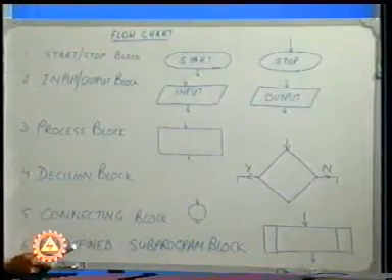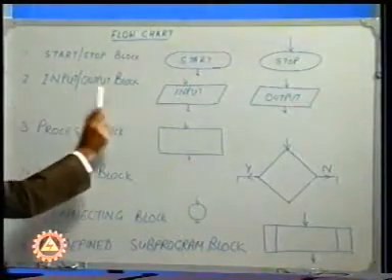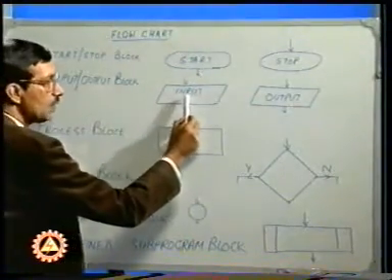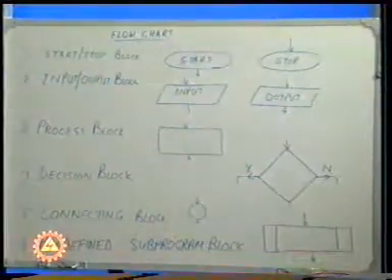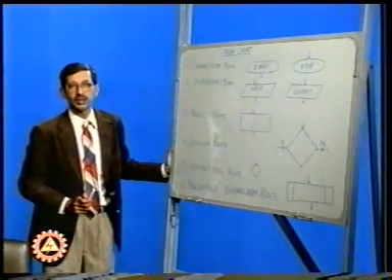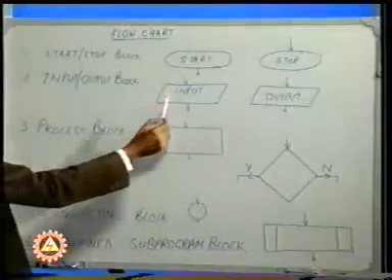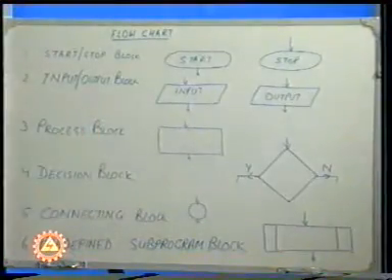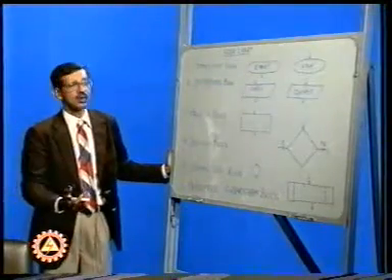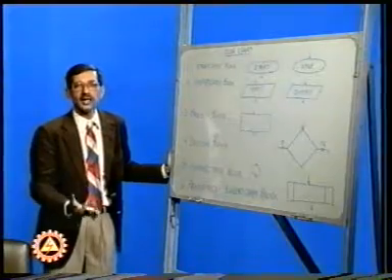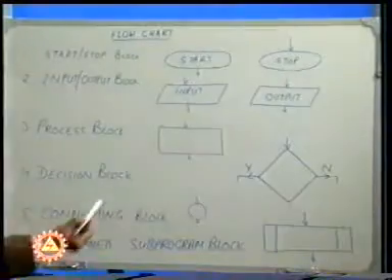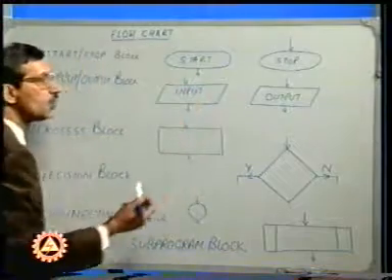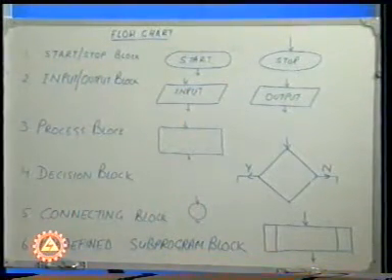Since that is the case, we must write within this block either the word input or the word output, which would define the function to be carried out by this block. The input block is the one using which we accept the data or any other thing which is required as far as the execution of the program is concerned. And the output block is the one which finally makes the results available.